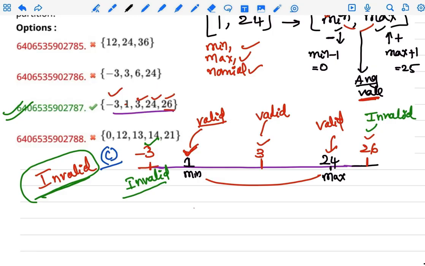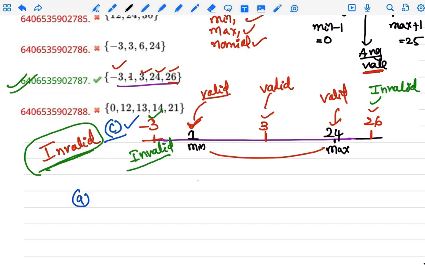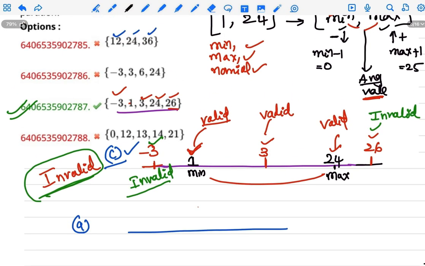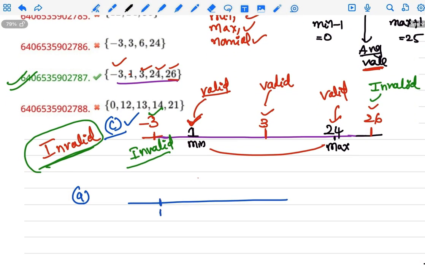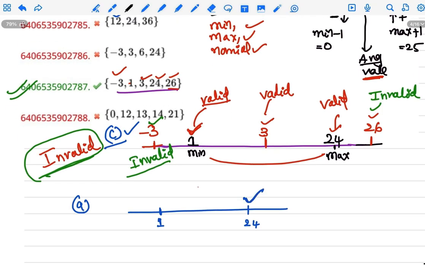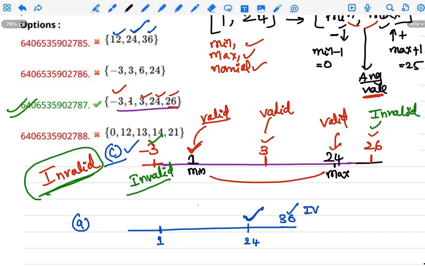Option C is correct. For option A: 12, 24, 36. Given is minimum 1, maximum 24. 24 is okay, the maximum value. 36 is invalid, okay. 24 is valid, and 12 is also valid, since 12 is between.